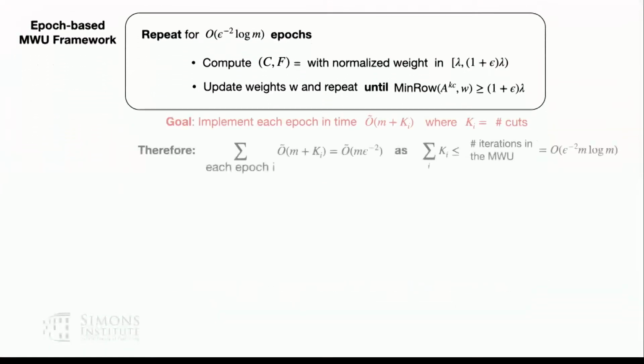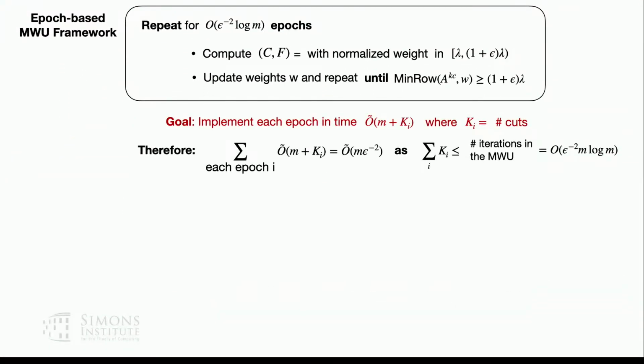If you can do this implementation, then the total running time is the sum of the running time over all the epochs, and you can show that it is nearly linear, because the number of epochs is only log n over epsilon squared, and the number of cuts that you produce in each iteration is exactly the same as the number of iterations in the non-epoch version. So you can charge the number of cuts to the number of iterations, giving a nearly linear running time. Okay.